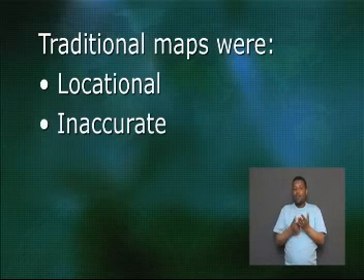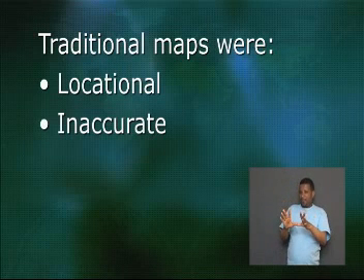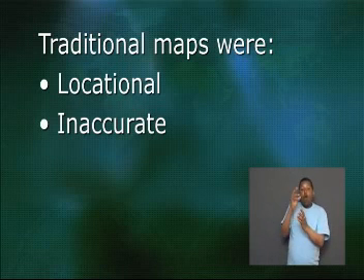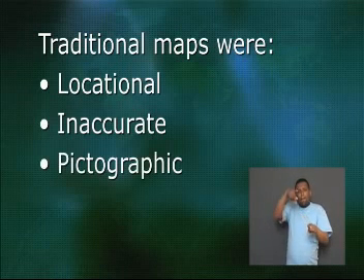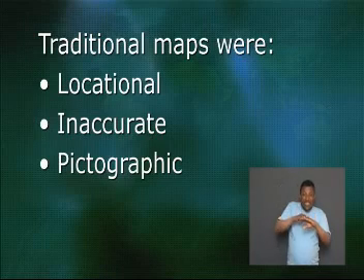As a result, traditional maps were frequently based on incorrect information and often unreliable. Traditional maps sometimes included drawings of three-dimensional objects, meaning that they were pictographic, a picture that represents an idea, rather than a complete diagrammatic representation.